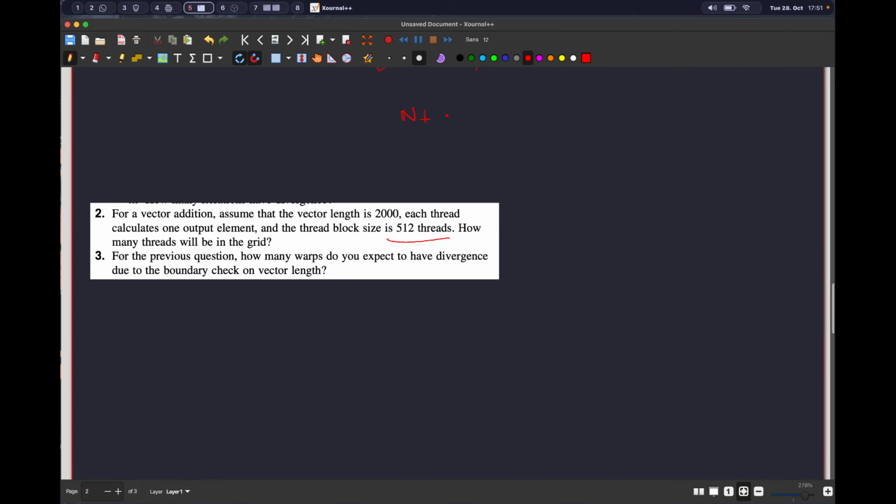In this case it is (n plus 512 minus 1) divided by 512, which is 2511 divided by 512, which is about 4.9.